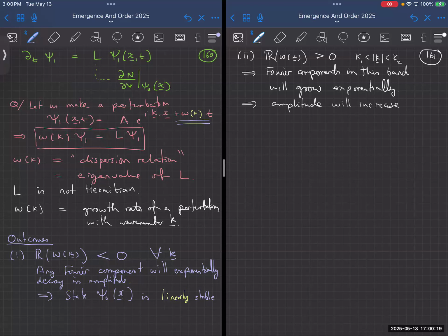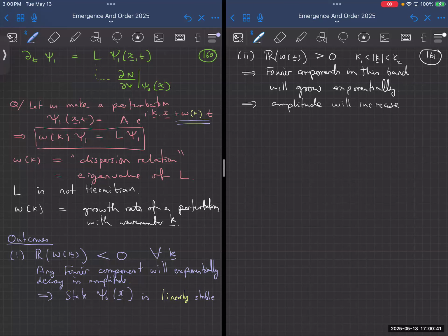And you might say, then what's going to happen is it's just going to grow and diverge, and it's going to be unstable. But that's not true, because remember, all we're doing is linear stability analysis. So all we can say is that up to linear stability analysis, it's going to grow into a regime which is outside of the regime of validity of linear stability analysis.